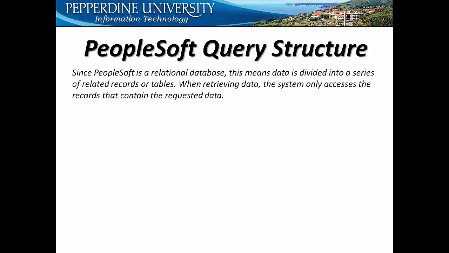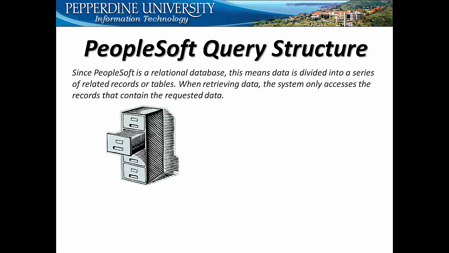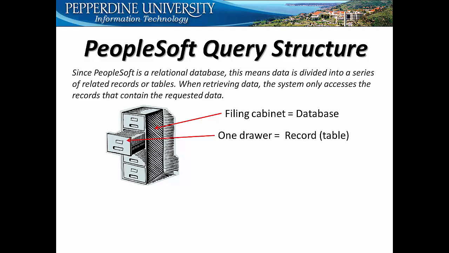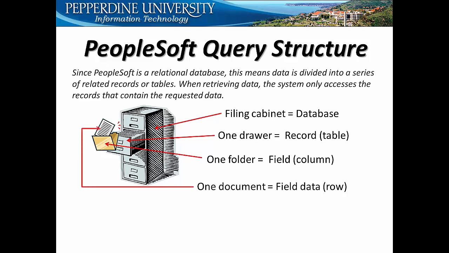To provide a visual of the query structure, consider a relational database to a filing cabinet. The filing cabinet represents the whole database. The drawers of the cabinet represent the records or tables, while a folder within the drawer represents a field. Noting that the record will contain many fields and the individual forms or documents within a folder represent the field data or rows.